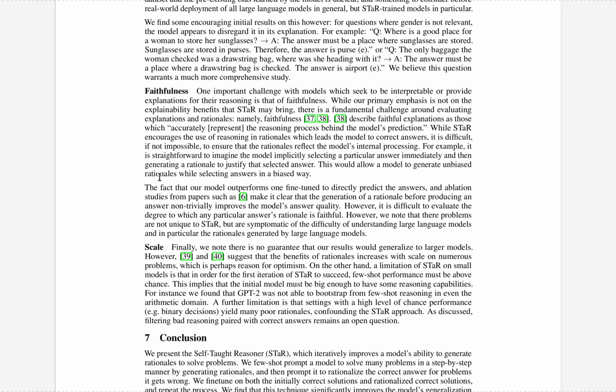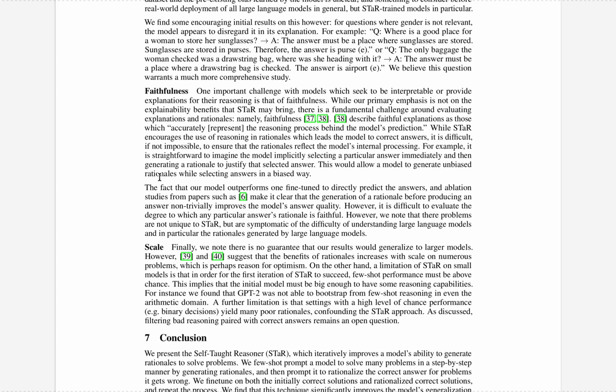Faithfulness. One important challenge with the models which seek to be interpretable or provide explanations for their reasoning is that of faithfulness. While our primary emphasis is not on the explainability benefits that STaR may bring, there is a fundamental challenge around evaluating explanations and rationales, namely faithfulness. Describe faithful explanations as those which accurately represent the reasoning process behind a model's prediction.